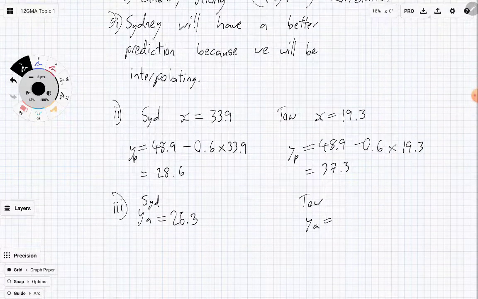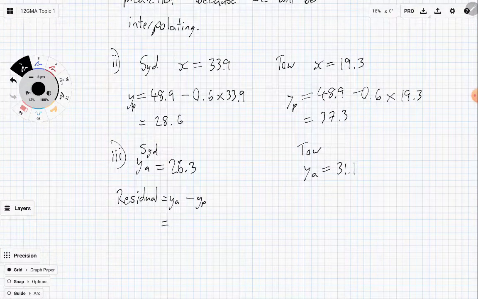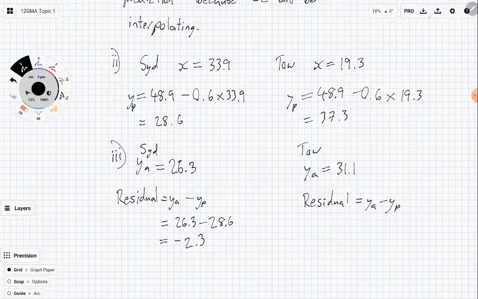So the residual is y actual minus y predicted. And in this case, we're going to get 26.3 minus 28.6. So the residual is going to be negative 2.3. And the residual for Townsville, y actual minus y predicted, is going to be 31.1 minus 37.3. And we're going to see that it's going to be quite a bit further off.